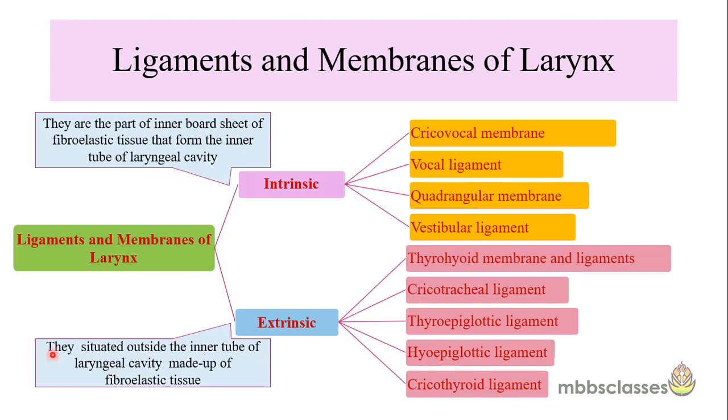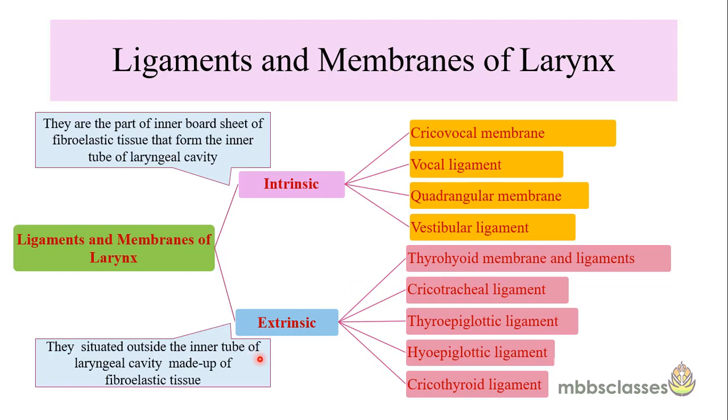And the extrinsic group is situated outside the inner tube of the laryngeal cavity and is made up of fibroelastic tissue. In the intrinsic group, the membranes and ligaments are the cricovocal membrane, vocal ligament, quadrangular membrane, and vestibular ligaments.